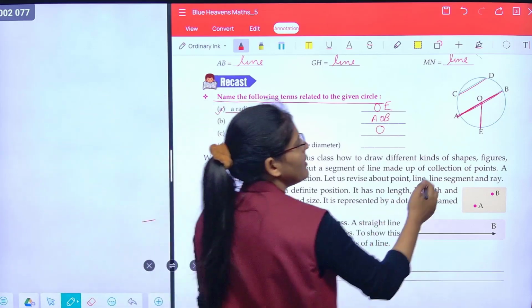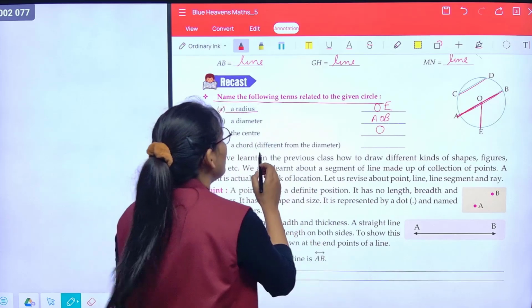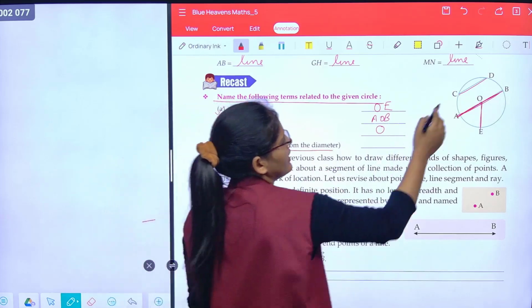I told you diameter is also a chord, but they have said different from the diameter, which is CD.